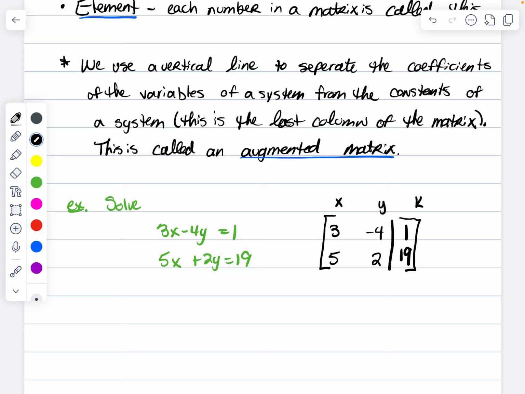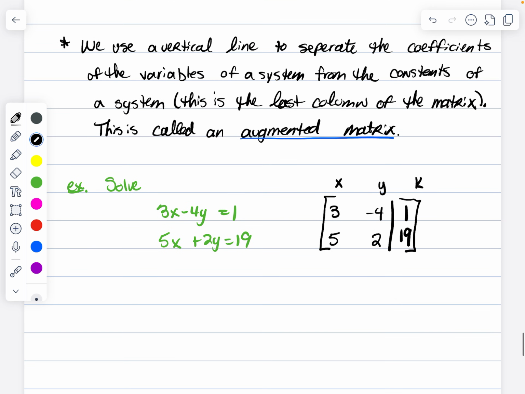To solve this matrix, we're going to use the exact same rules that we used in 2.1, but now we can fully use these rules as we need to. We really want to eliminate the x in the second equation, and we also want to make that first term 1 and get rid of our 5.